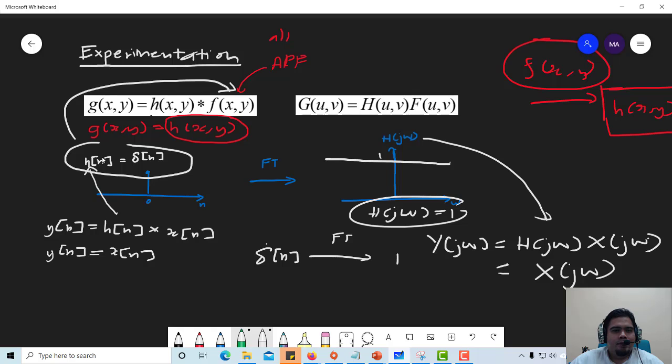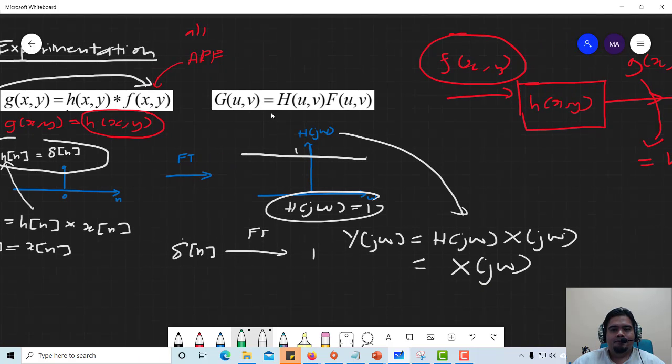I want this one to be put here, because the one that we want to estimate is this one. If we can inject some signal that mimics or behaves like an all pass filter as our f, then we can get our h, because at that condition our h is equal to our g.